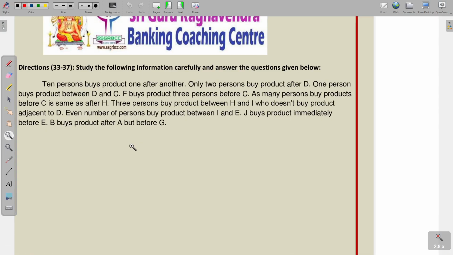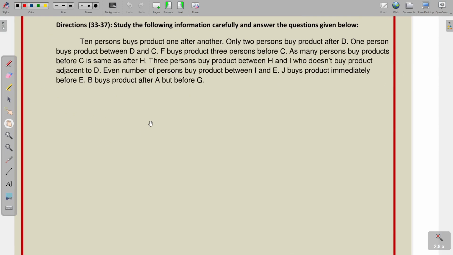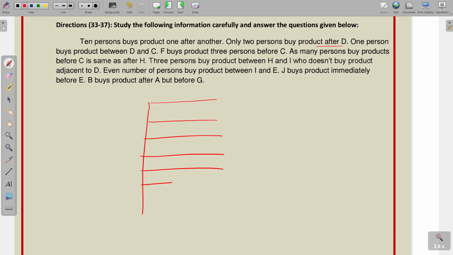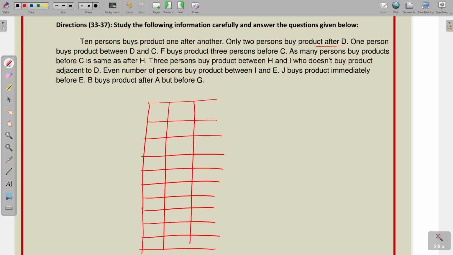Next, questions 33 to 37, we have one more puzzle. So see the first one, 10 persons buy products one after another, only 2 persons buy product after D. So 1 2 3 4 5 6 7 8 9 and 10, there are totally 10 persons. It is a stack puzzle.